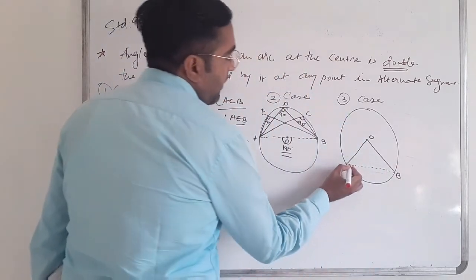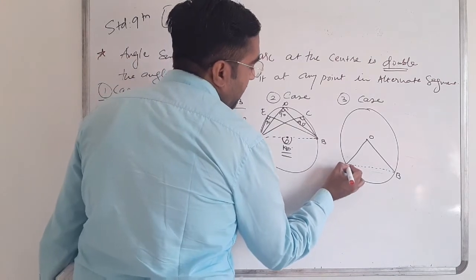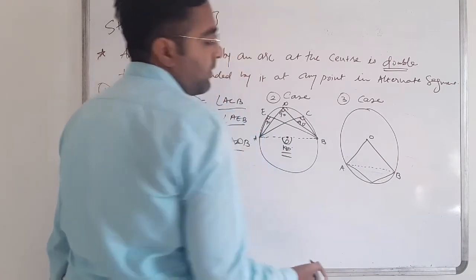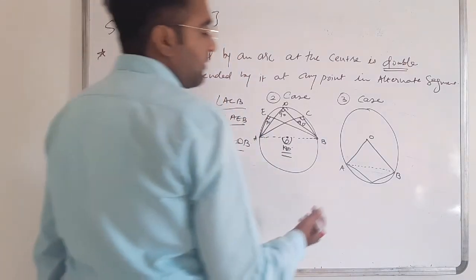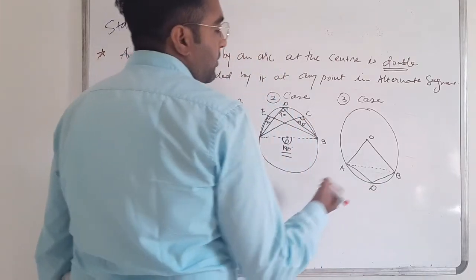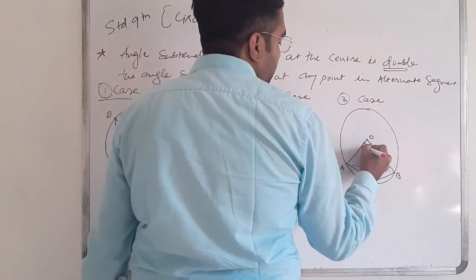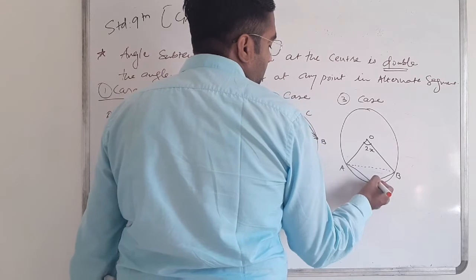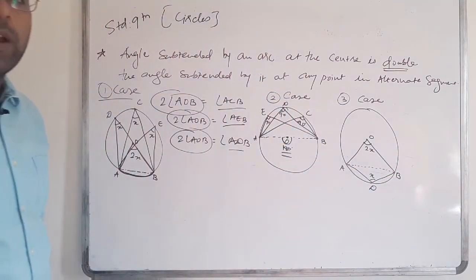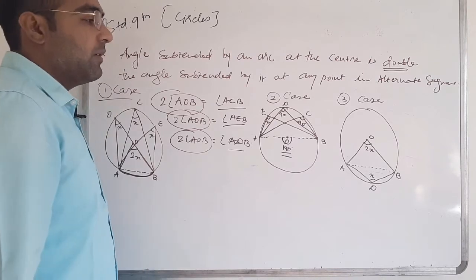If I take an angle forming in the remaining part of the segment here, and I'll give the name D, then this angle is also 2 times this angle. Clear that?